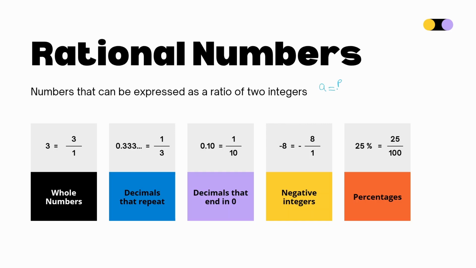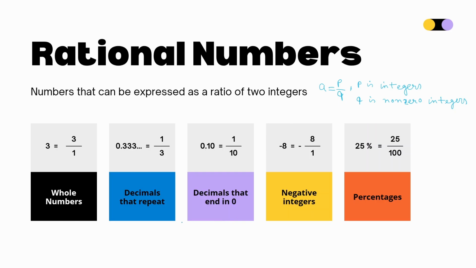Then we can say a is p divided by q, where p is an integer, and q is a non-zero integer.